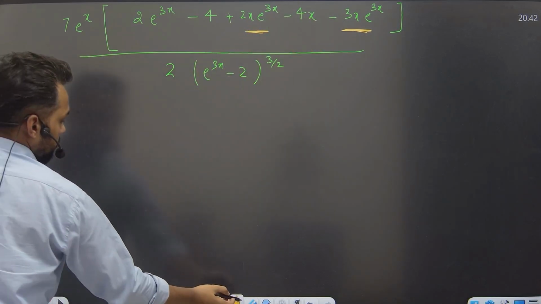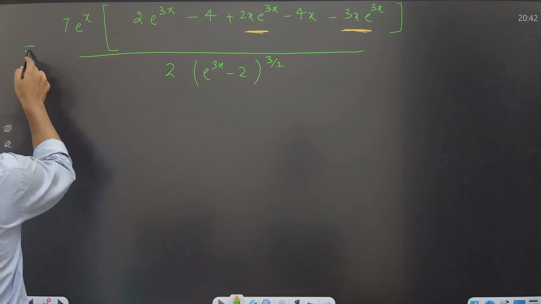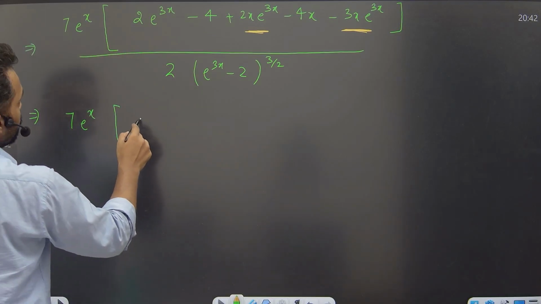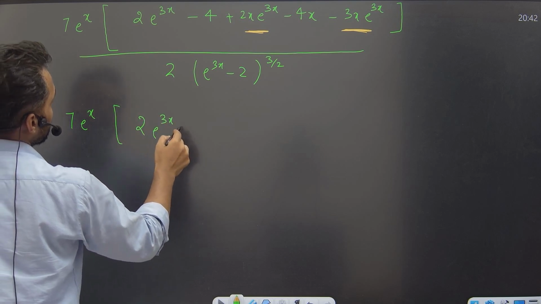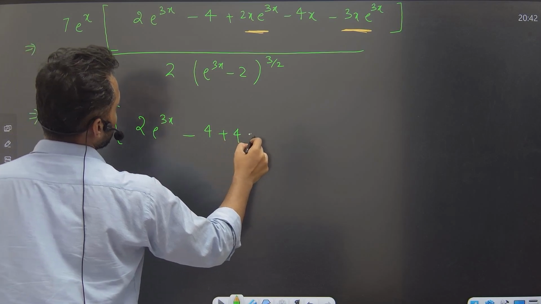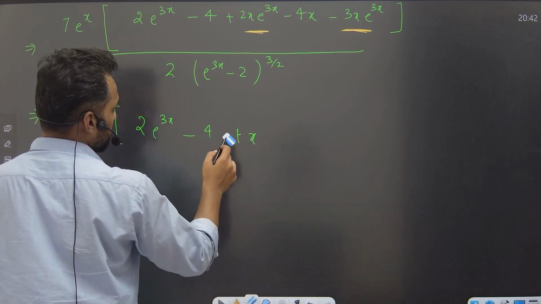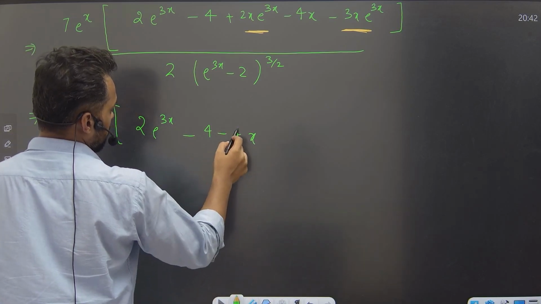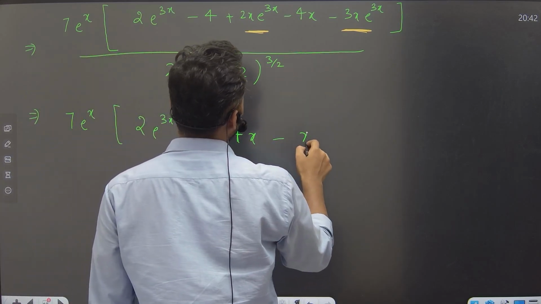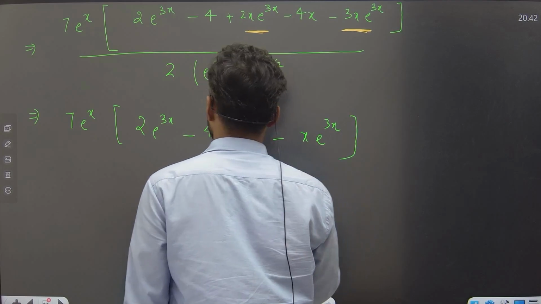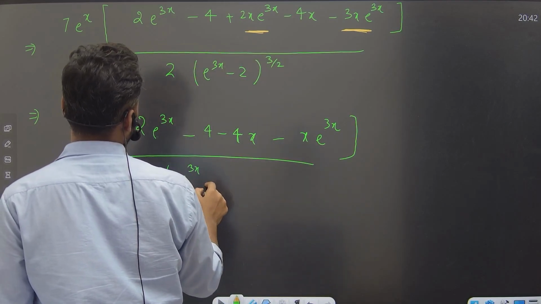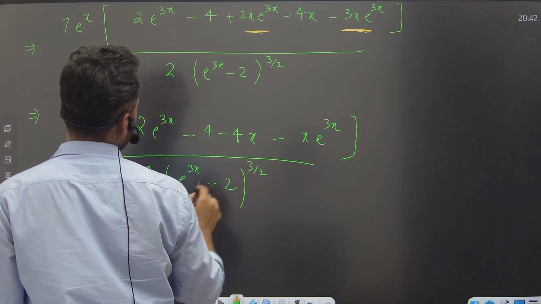So we'll get 7 e raised to the power x, 2 e raised to the power 3x, negative of 4, negative of 4x. Here you'll get negative of x e raised to the power 3x upon 2 times of e raised to the power 3x negative of 2 raised to the power 3 by 2.